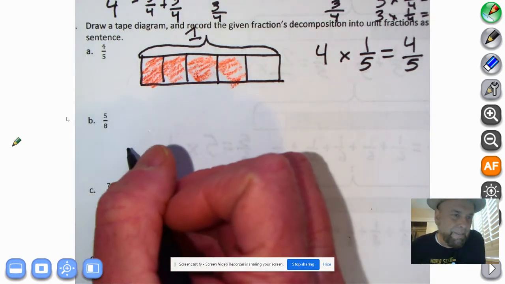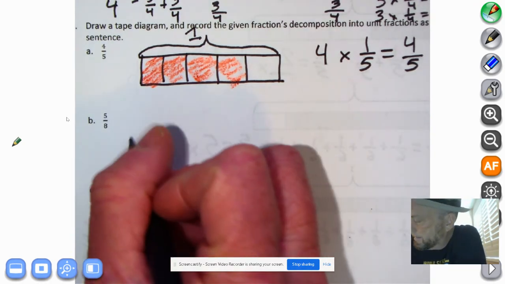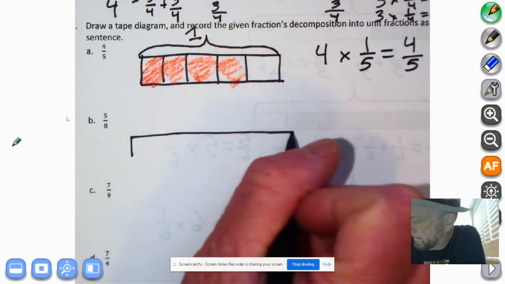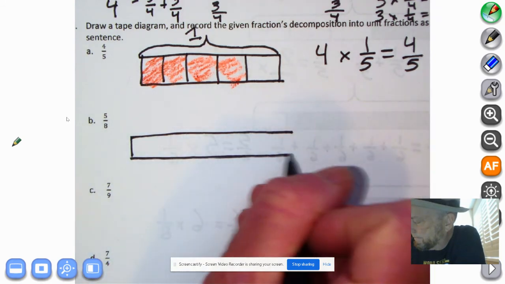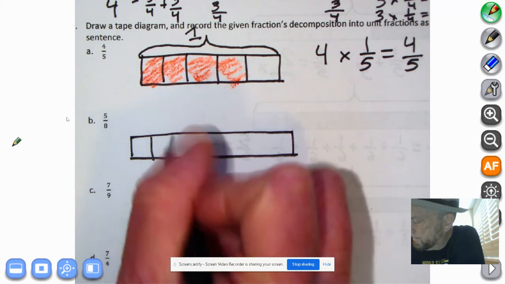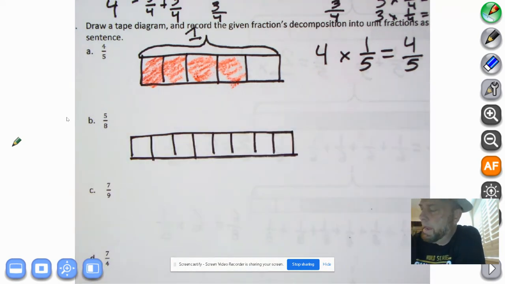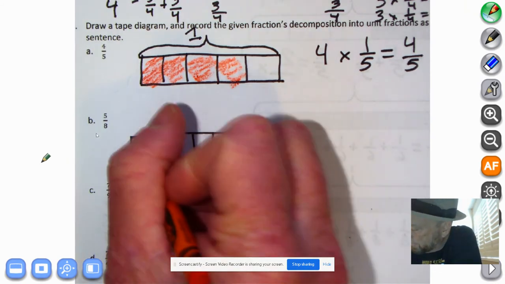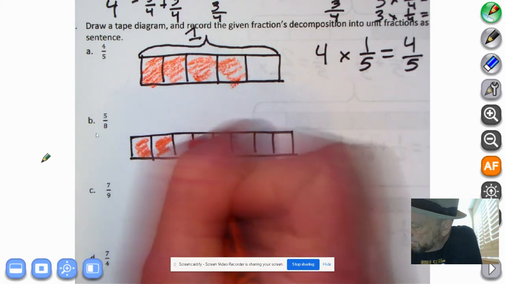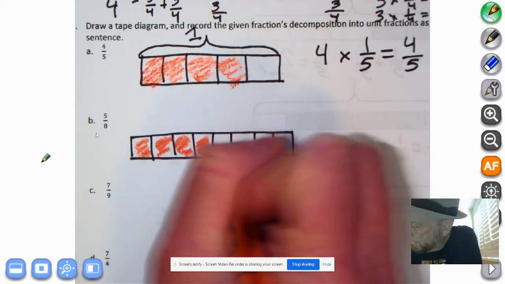We have 5/8. And I'm going to go 1, 2, 3, 4, 5, 6, 7, and 8. How many will I shade in? Well, it's 5/8, so I'm going to shade in 5. 1, 2, 3, 4, and 5.